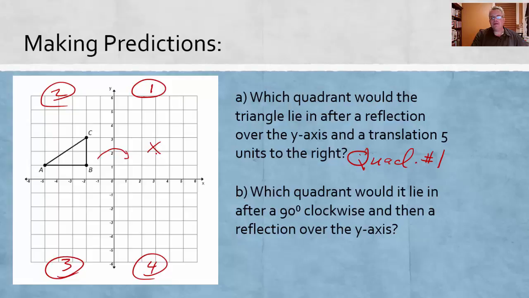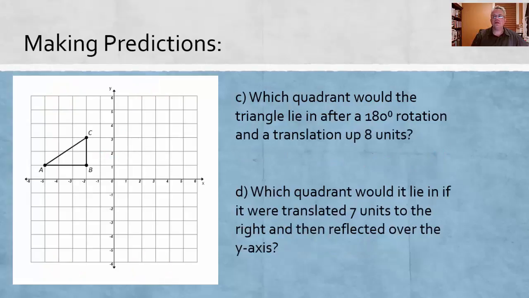And then if I reflect it over the y-axis, it would go back to quadrant 2. So after those 2 steps, the first step would put it in quadrant 1. Second step would put it back. So it would be in quadrant number 2. So maybe it helps just to think step by step. What quadrant is it going to go to after each step?